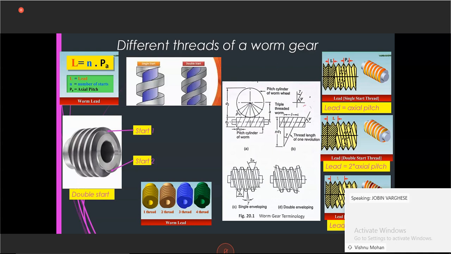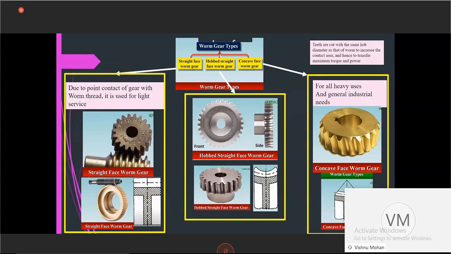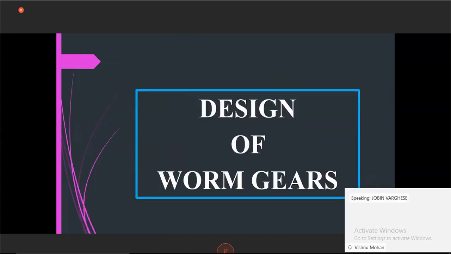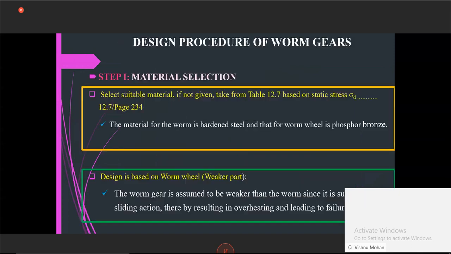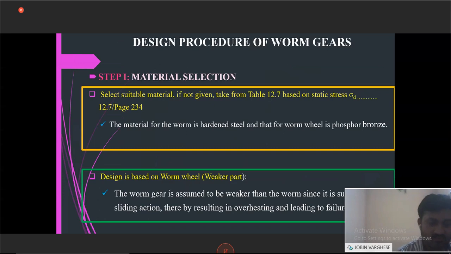So there are two equations for calculating efficiency of worm gear. Will it be specified in the question which is the driver or the driven part? Since we are designing this one by taking the worm wheel as the weaker part, the worm wheel will always be the driven one and the worm is the driving one.